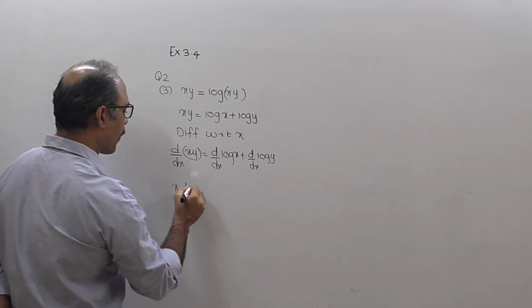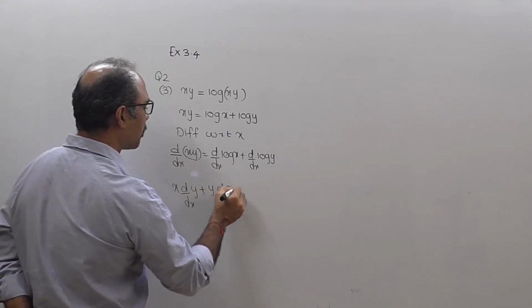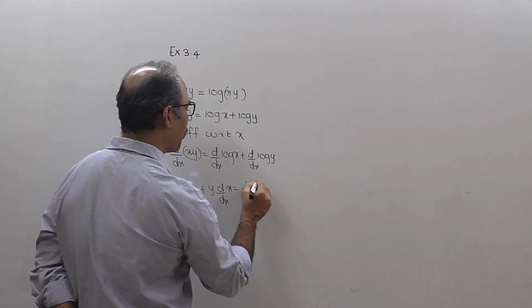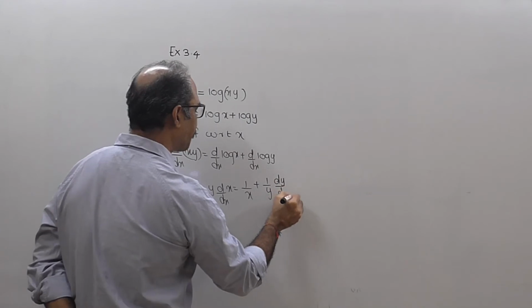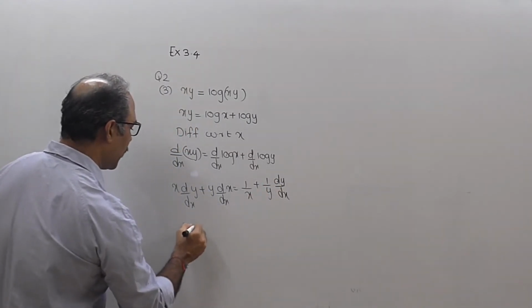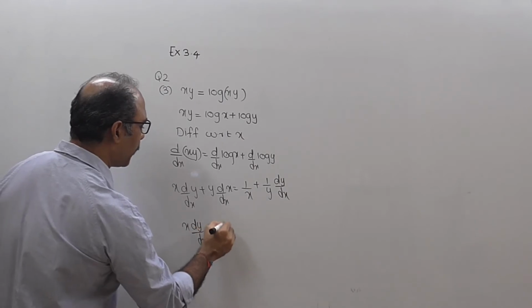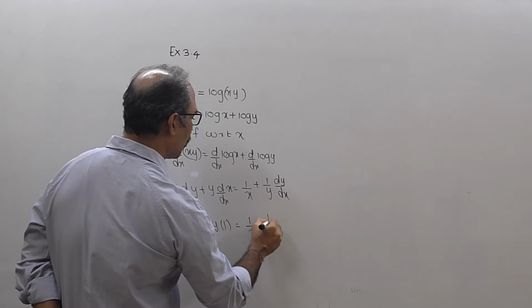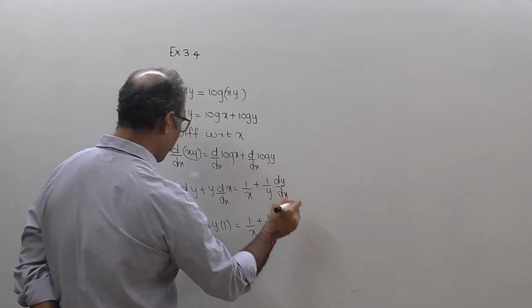x d by dx of y plus y d by dx of x, because you have to use u into v. Derivative of log x is 1 upon x, derivative of log y is 1 upon y dy by dx. x times derivative of y is dy by dx, y times derivative of x is 1, which is equal to 1 upon x plus 1 upon y dy by dx.